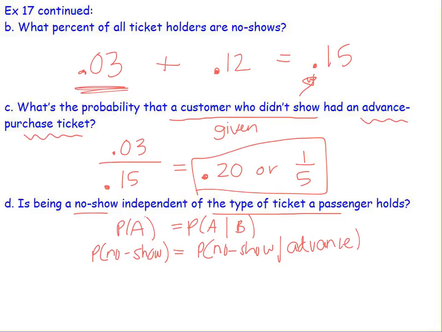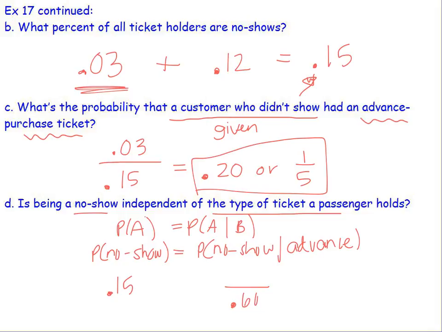First, the probability of not showing. Well, we found that up in part B. All of our no-shows were 0.15. That's the first part of it. Now let's look at the second part. The probability that they were a no-show given they bought advanced tickets. The given goes on the bottom. If you go back to the actual tree and look at the first pair of branches, the advanced tickets were 0.60.